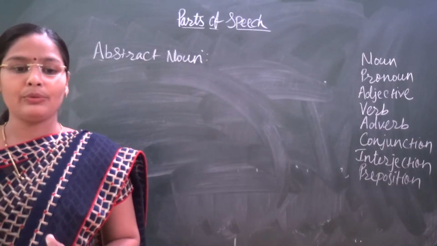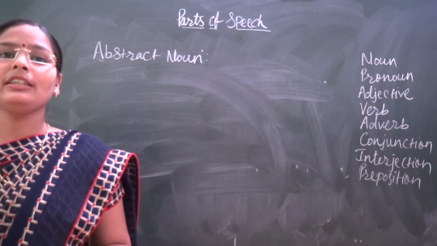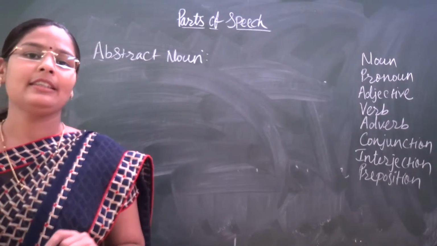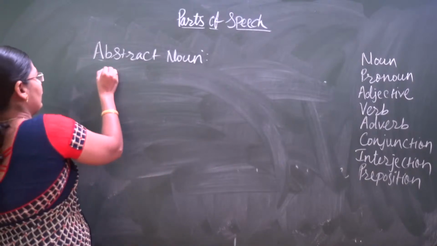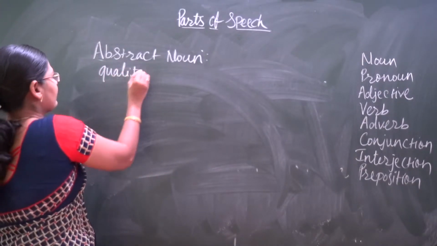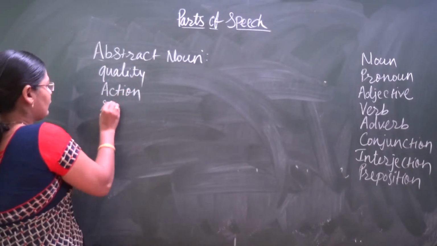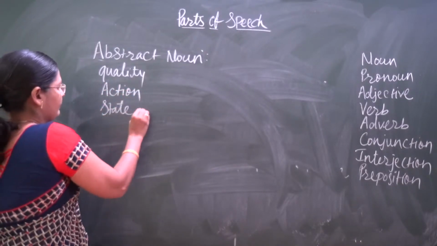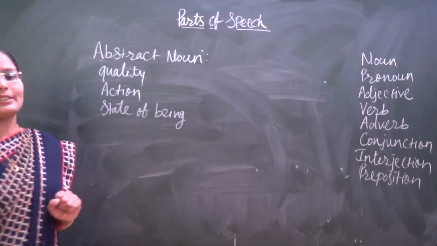The abstract noun is a name of quality, action, or state of being. Name of quality, action, or state of being is called an abstract noun.